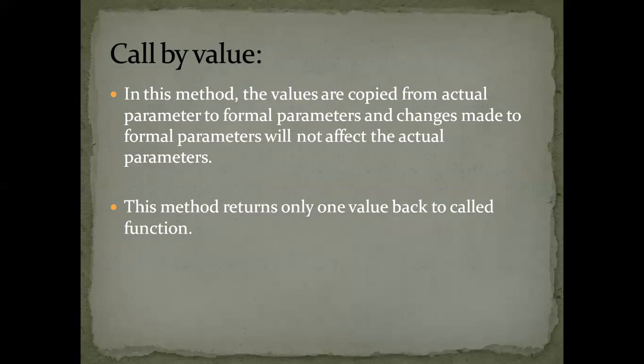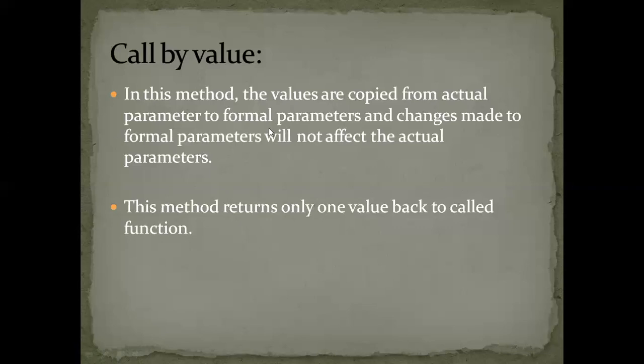Actual parameters are the parameters passed during the function call in the main function. Formal parameters are the parameters used in the function header of the function definition.